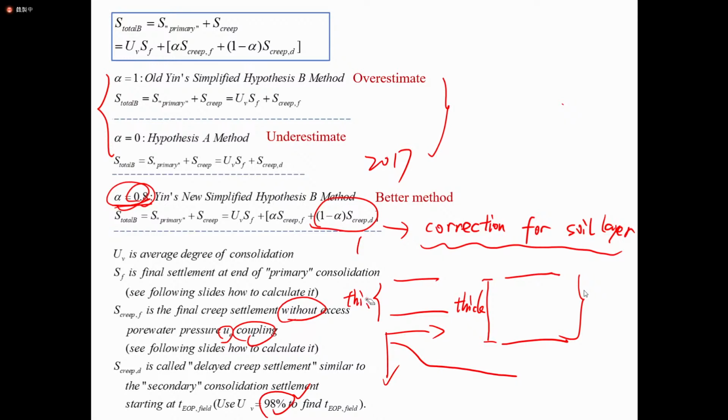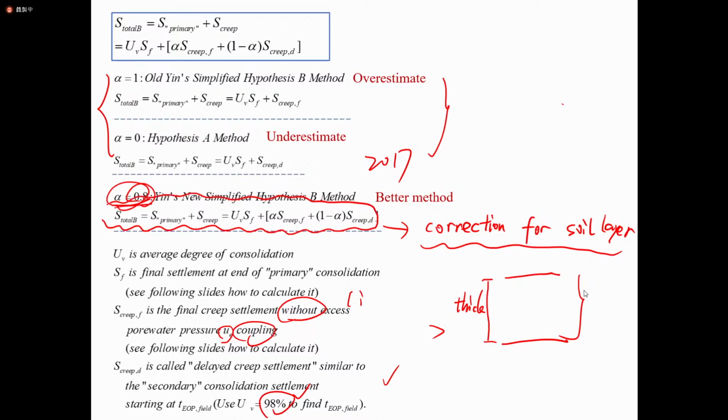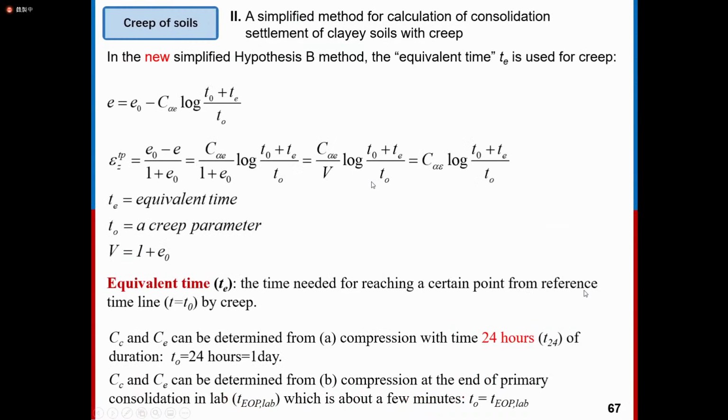So this is the reason why we have the current new simplified hypothesis B method here. But actually it should not be very complicated to do the calculation, okay? Let's see from today's example.